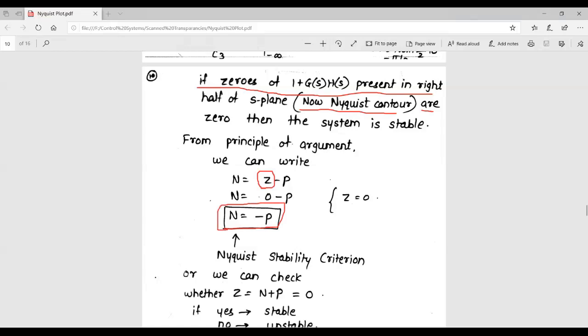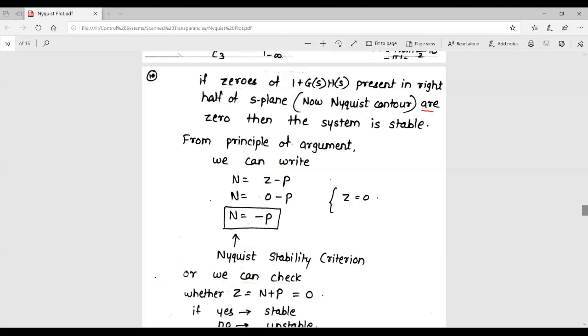So if the zeros of 1 plus GSHS encircled by the Nyquist contour, that is in the right half of the S-plane, are 0, the system is stable. So what we can check is whether Z is equal to n plus p, which is equal to 0.